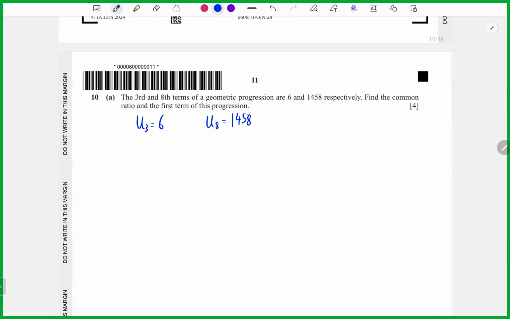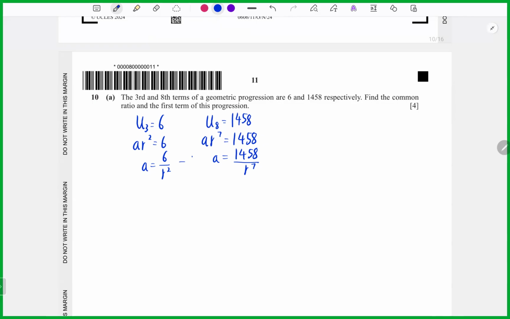Find the common ratio and the first term of this progression. So you write ar squared equals 6, ar to the 7 equals 1458. So a equals 6 over r squared, and a equals 1458 over r to the power 7.